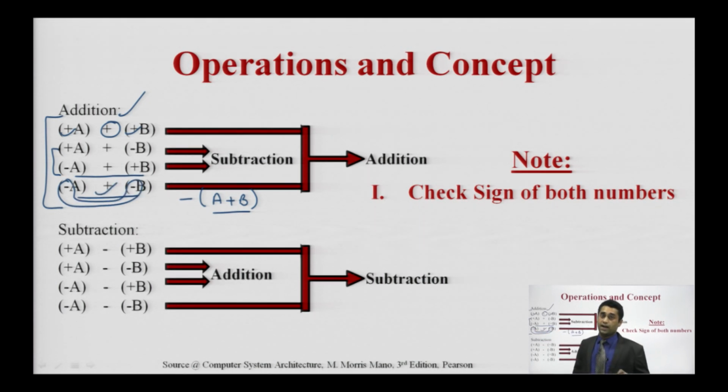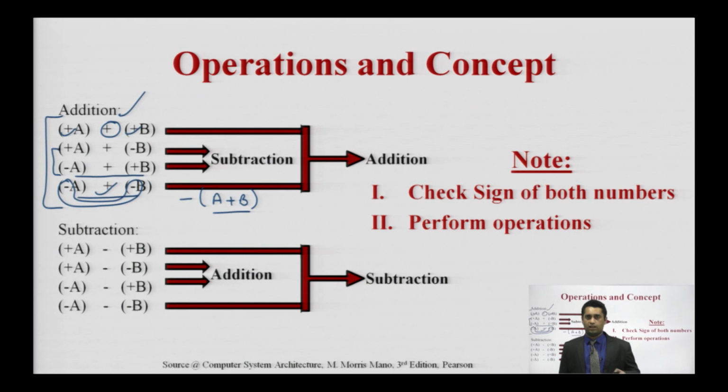But if either sign is different, here we are checking the condition using the XOR gate. In my previous lectures I always focused on the XOR gate. This is the important one, so we will see how this is implemented. The first part is to check the signs and then perform the operation, either a positive one and a negative one, either an addition or a subtraction.